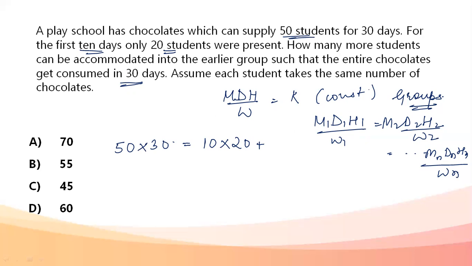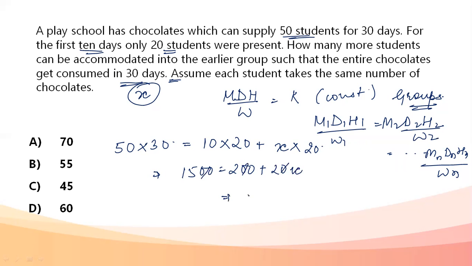Let's say the number of students who can get accommodated is x, plus x into the remaining days, 10 days is already done, so the remaining days become 20. When we solve this, 1500 is equal to 200 plus 20x. Solving this out, 2x is equal to 130. My value of x, that is my total number of students, comes out to be 65.